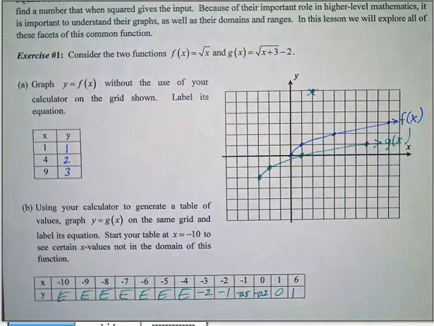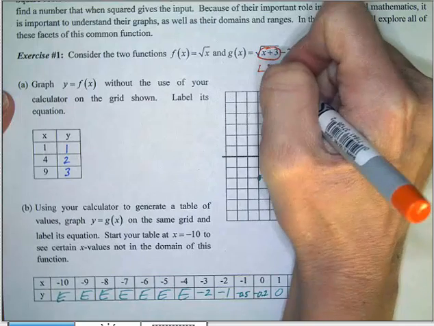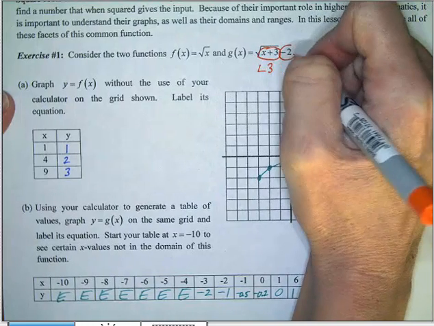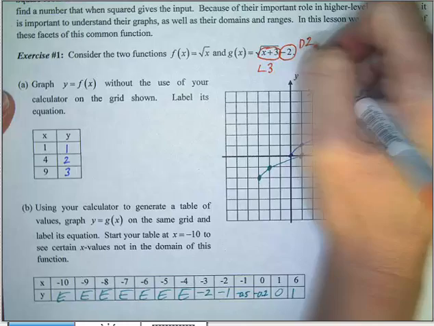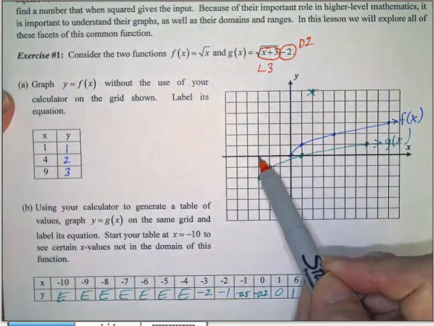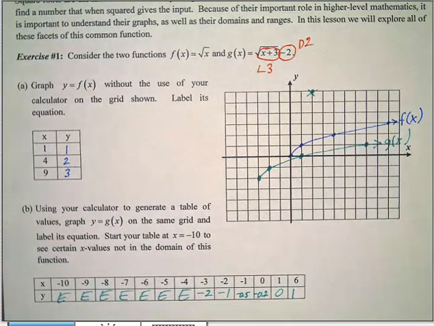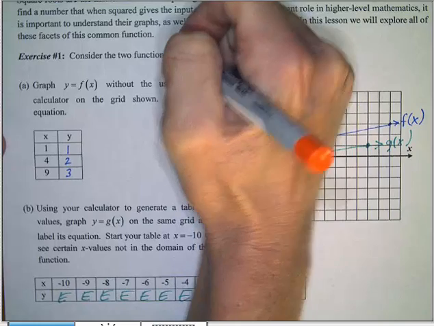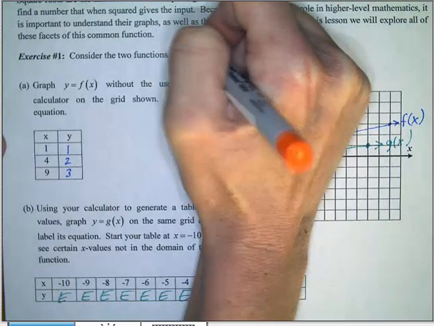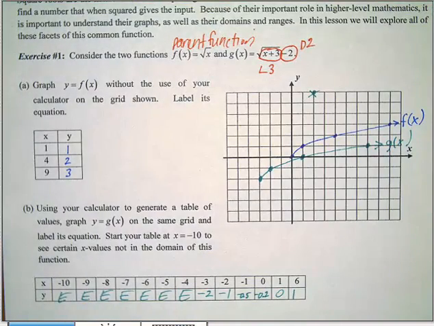This transformation means that I went left 3, and this transformation means I went down 2. And if we look at the points, left 3, down 2, left 3, down 2. Each of the points on this parent function, remember this is called the parent function, has been moved left 3 and down 2.